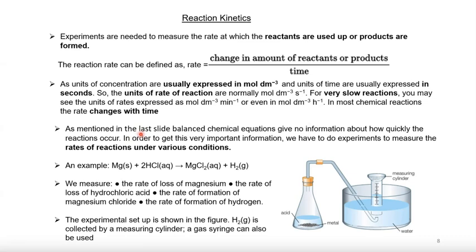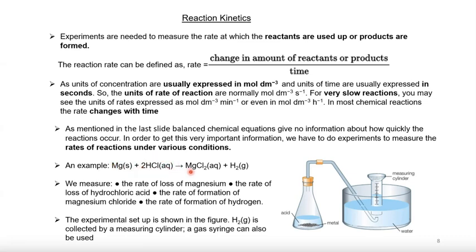Well, as mentioned in the last slide, the balanced equation does not give us any information on how quickly or how slowly a reaction occurs. So the rate of reaction has to be known. Chemists are always very careful about knowing the rate of reactions under various conditions. We have to remember that the rate of reaction depends on various conditions. Let's say solid magnesium with aqueous hydrochloric acid.